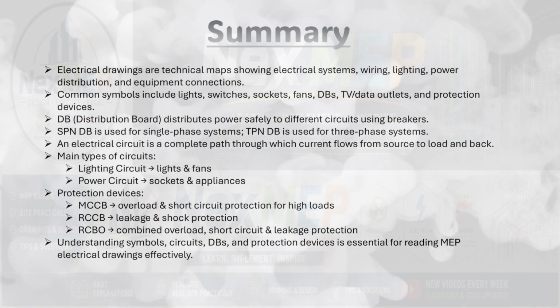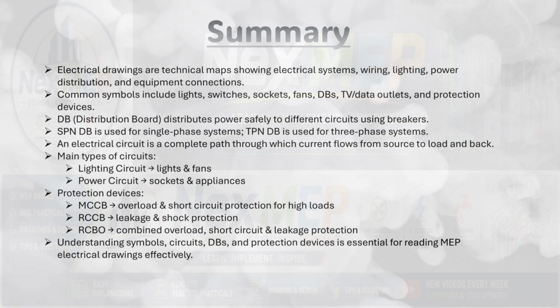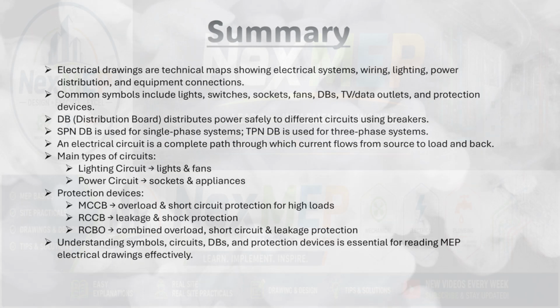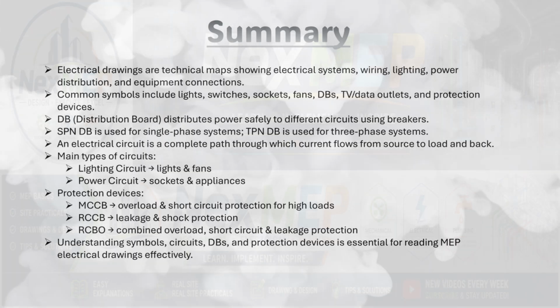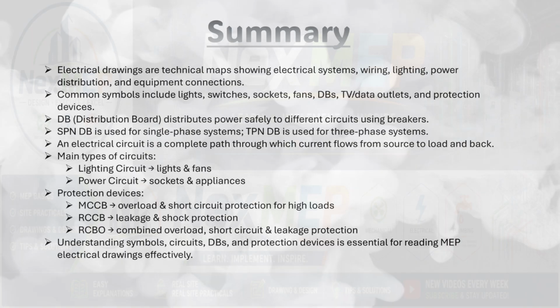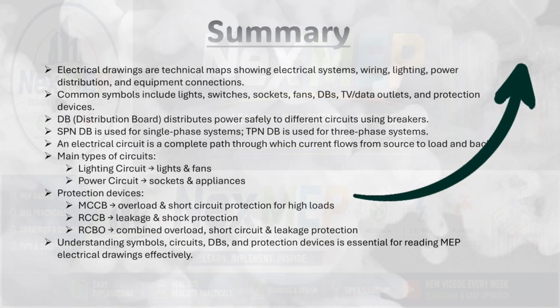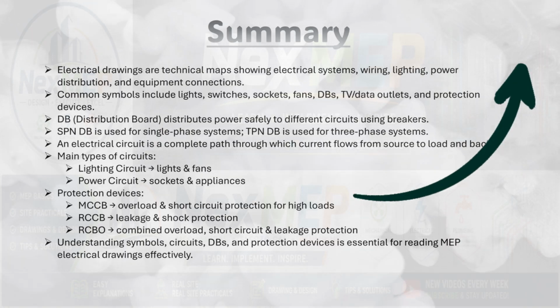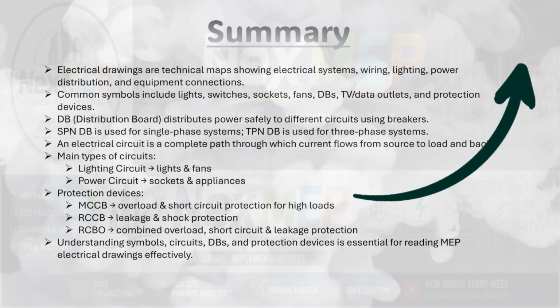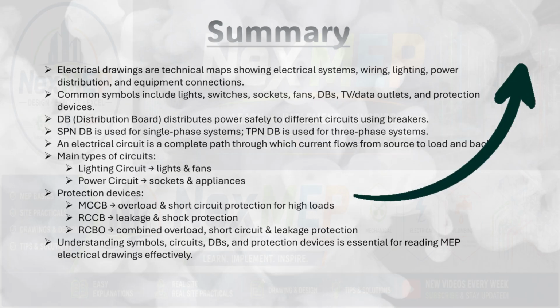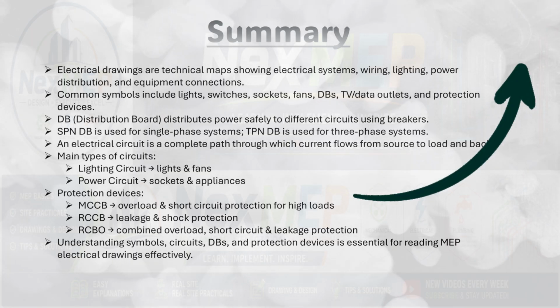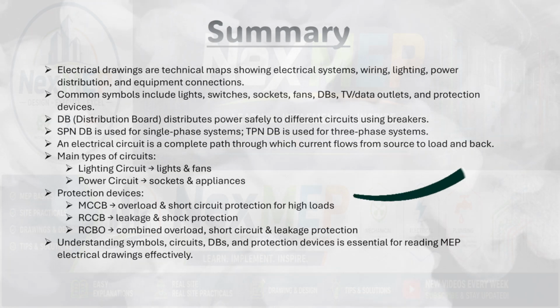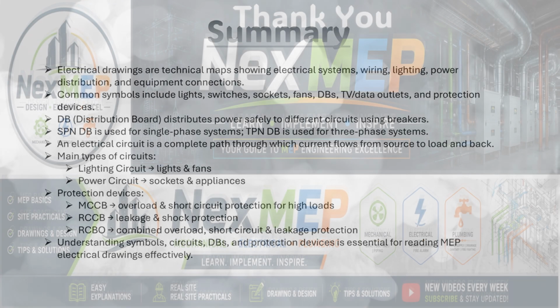A circuit is a complete closed path for current to flow. Two main circuit types: lighting circuit, 6A and 10A MCB; power circuit, 16A and 20A MCB. Protection devices: MCCB, overload and short circuit protection for high loads; RCCB, earth leakage and shock protection; RCBO, combined overload, short circuit, and leakage protection. Understanding all of this is essential for reading MEP electrical drawings effectively on site.